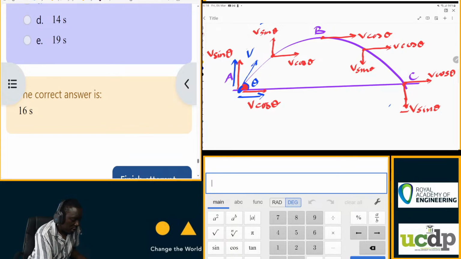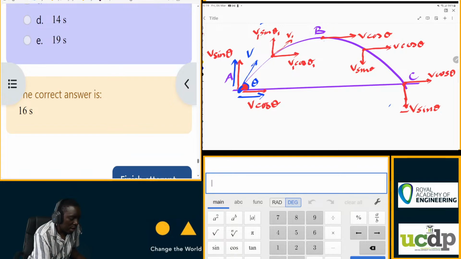Let me call it v1, so v1 cos theta 1. The whole essence is that at that point the velocity changes, so let's say this is v1. The angles also change. So this becomes v1 cos theta 1, this is v1 sin theta 1.